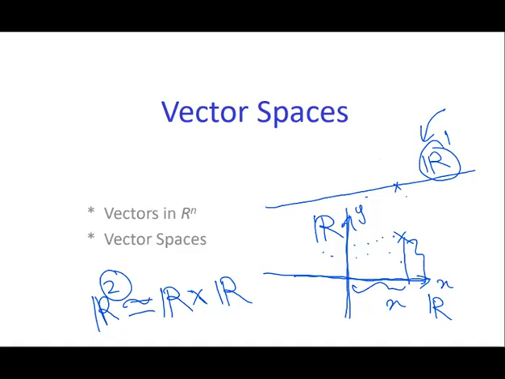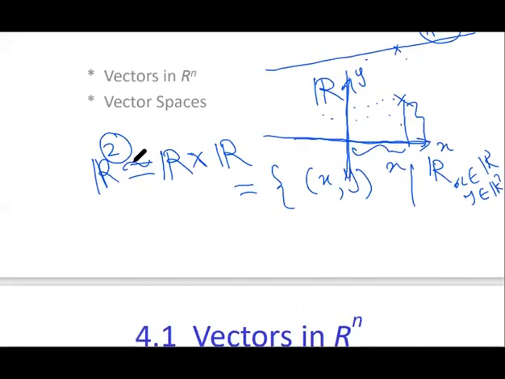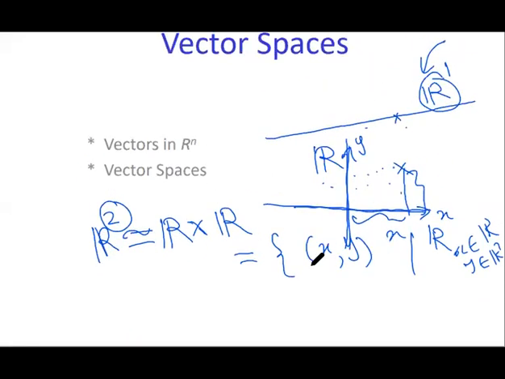So how do you write that? These are elements: x belongs to R and y belongs to R. X and y are real numbers. These are the coordinates, the elements of this set.